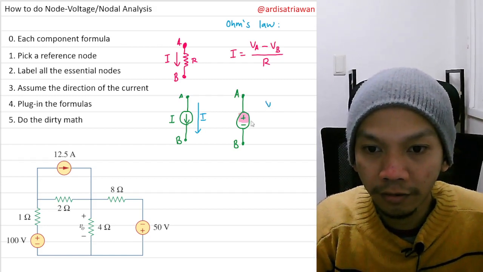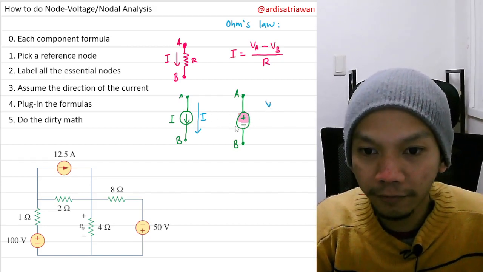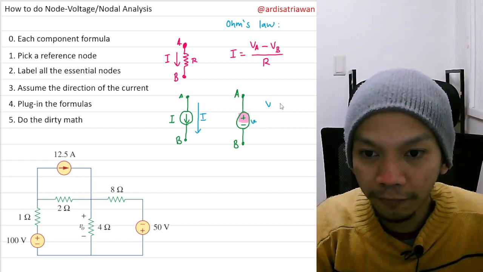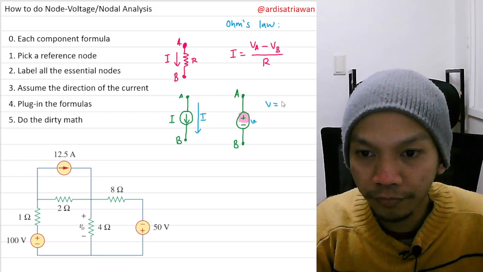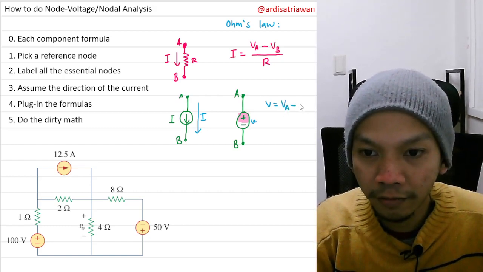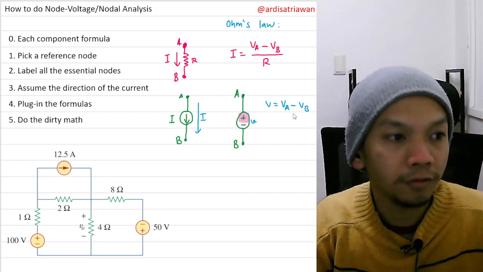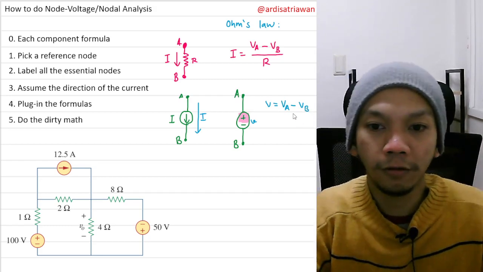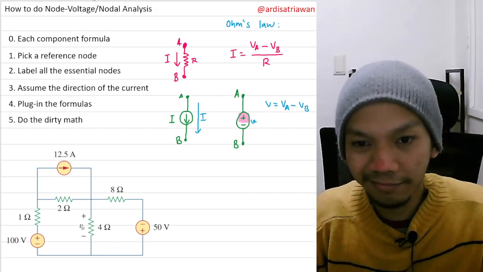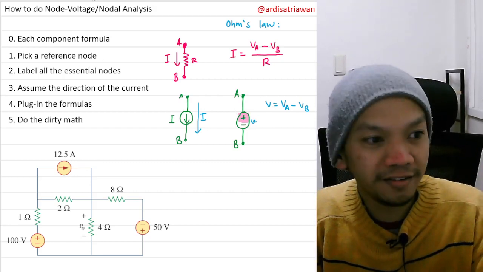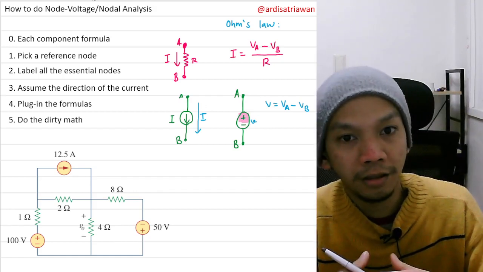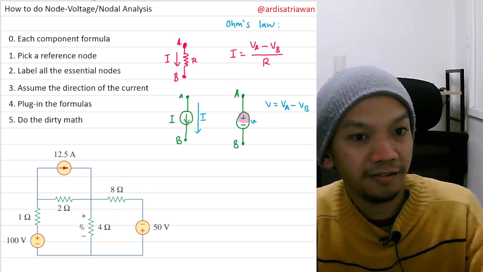So if we have the voltage value here, V, that V will be equal to VA minus VB. So this is the formula for a voltage source. After we know these 3 components, we can solve almost any problem in circuit analysis.